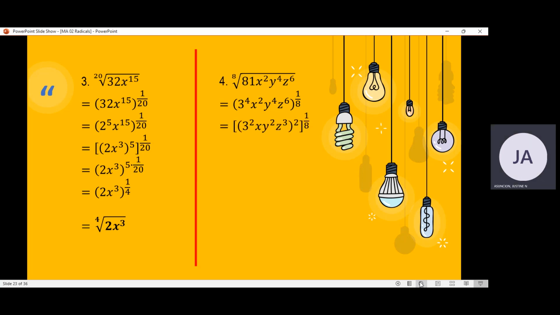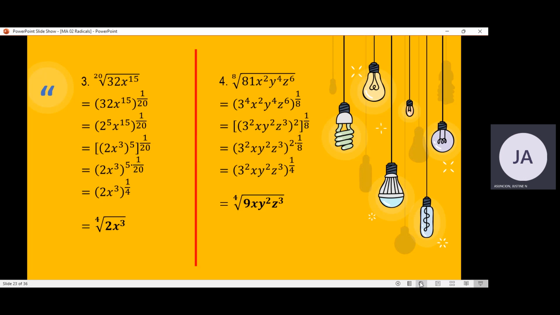So that's quantity 3 squared xy squared z cubed squared, raised to 1 over 8. 2 times 1 over 8 is simply 1/4. So we have the fourth root of 3 squared, which is 9, xy squared z cubed.